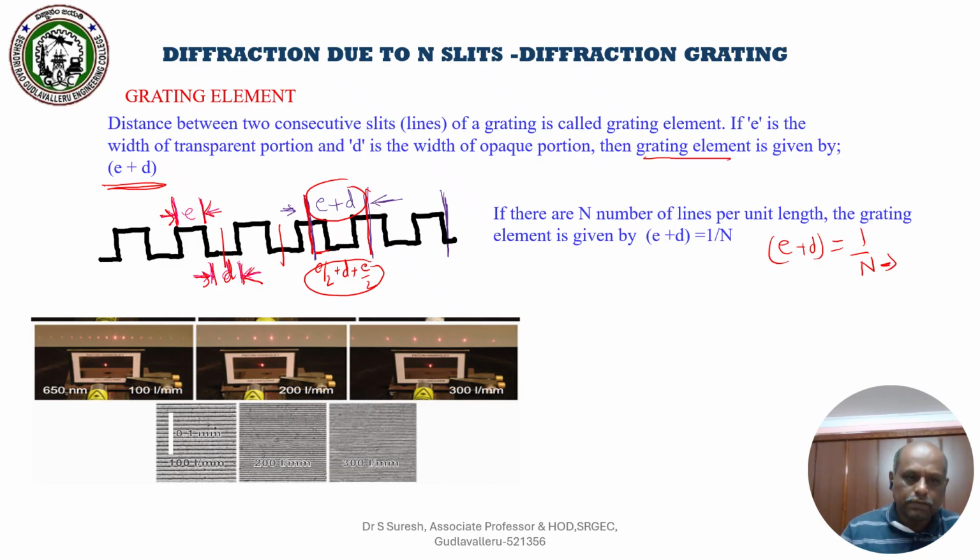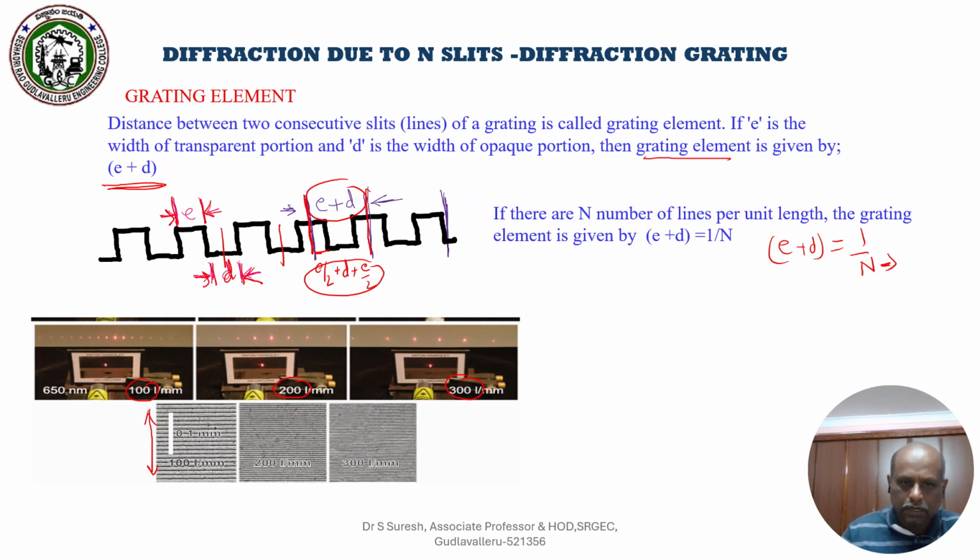In this picture you can see we have three different types of gratings. One having 100 lines per millimeter, the other one 200 lines per millimeter, the other one 300 lines per millimeter. So the area is the same for all of these, one millimeter. In a millimeter area, how many lines are we drawing? Only 100 lines here.